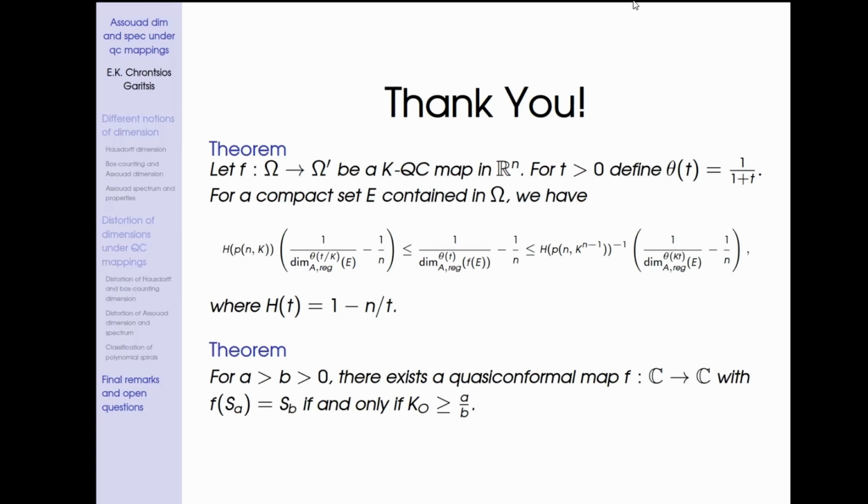I mean, one natural class of maps that are very close to quasi-conformal maps are maybe quasi-regular maps. So what about distortion estimates for these maps? Yeah, I don't think there are. That's a good question.